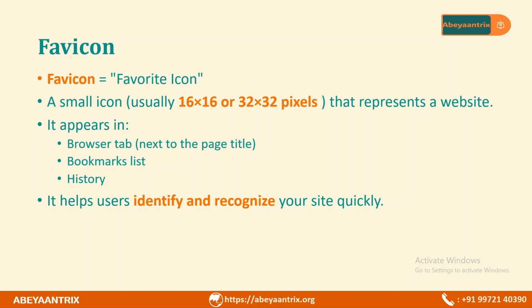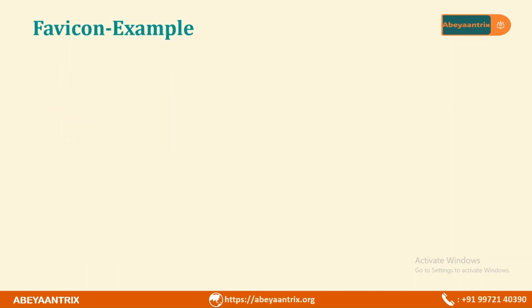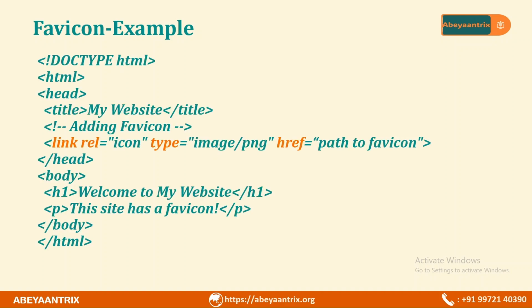Let us show one example of a favicon. This is the basic HTML code. Inside we have added link rel equal to icon. This must be mentioned for the favicon, and type is equal to image/png, and the path to the favicon.